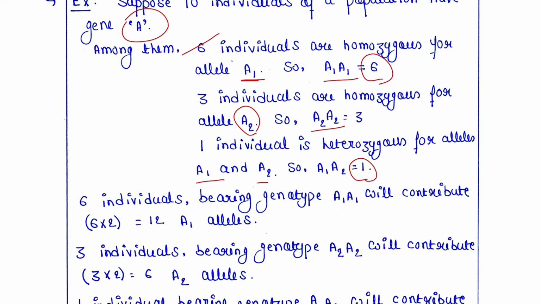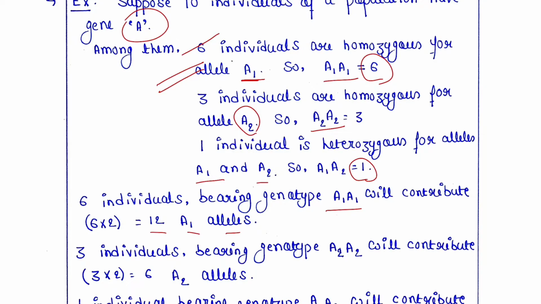Now, these 6 individuals bearing genotype A1A1 will contribute 6 into 2, that is equal to 12 A1 alleles, because each of them has 2 A1 alleles. So a total of 6 persons will have 6 into 2 is equal to 12 A1 alleles.